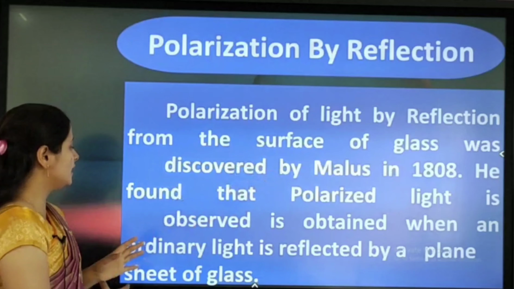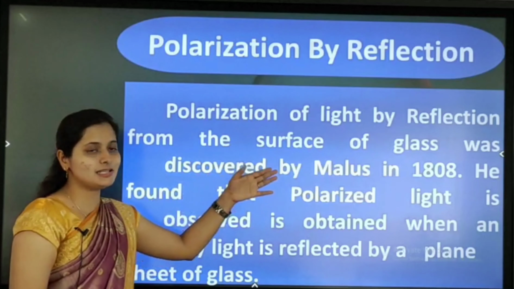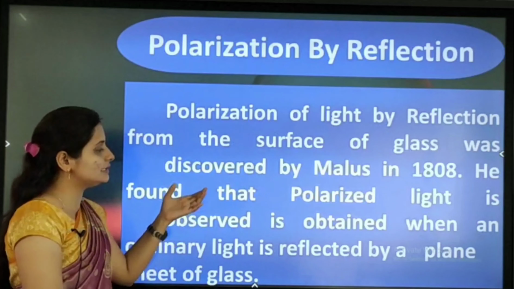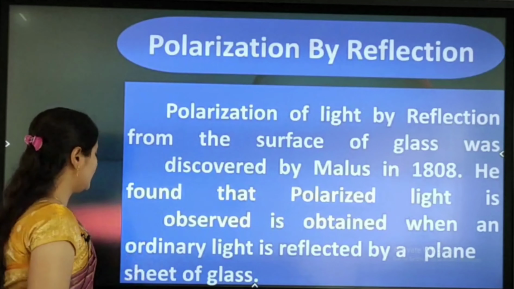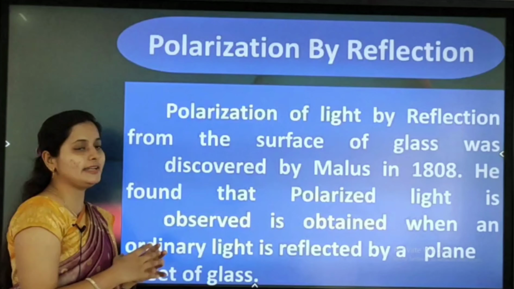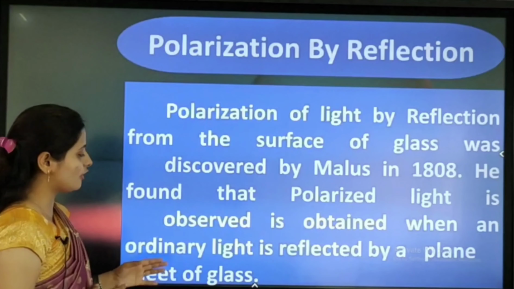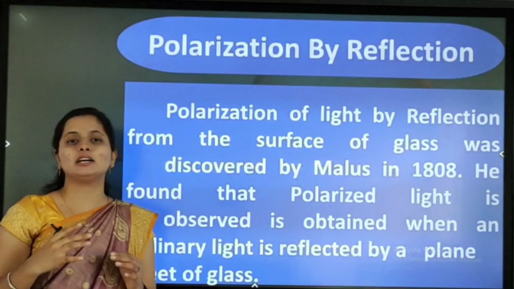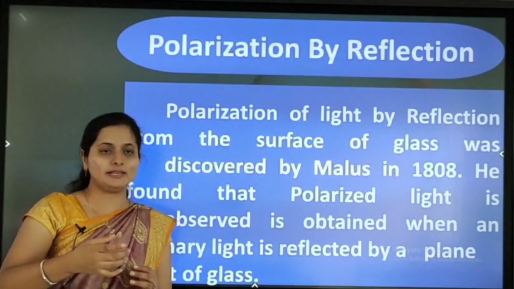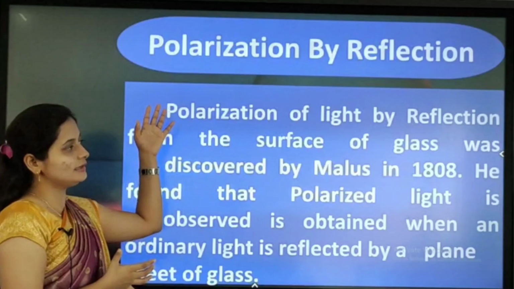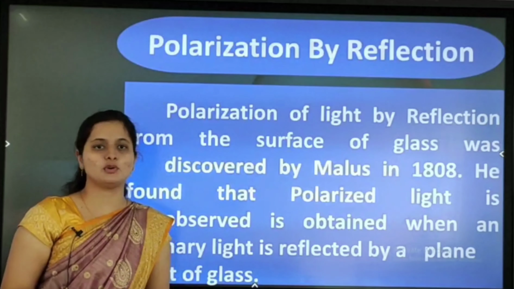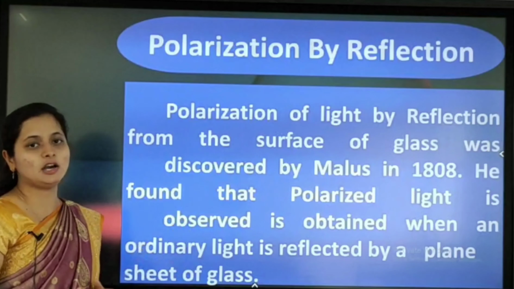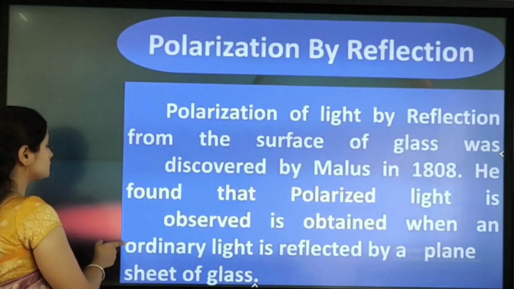He found that polarized light is obtained when an ordinary light is reflected by a plain sheet of glass. Means when we incident an ordinary light on a glass plate, we find the reflection phenomenon. One by one we will see how this all happens.